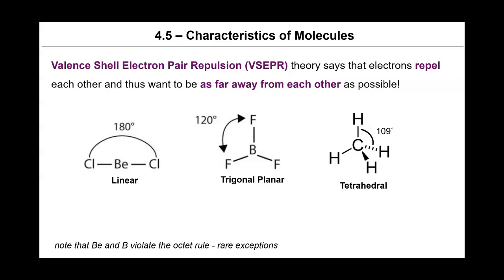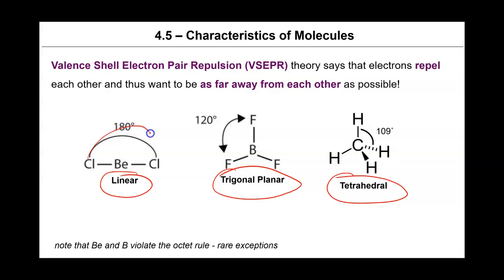There are 3 shapes that we would like you to know. The linear shape, which we're going to observe when we have 2 bonds to a central atom. The trigonal planar shape, which we're going to observe when we have 3 bonds to our central atom.